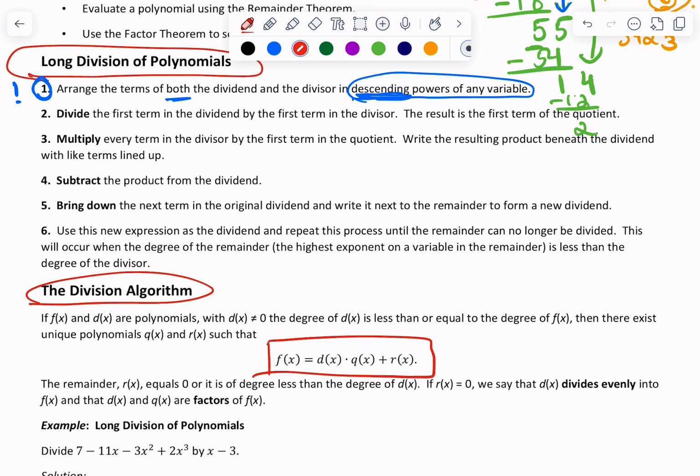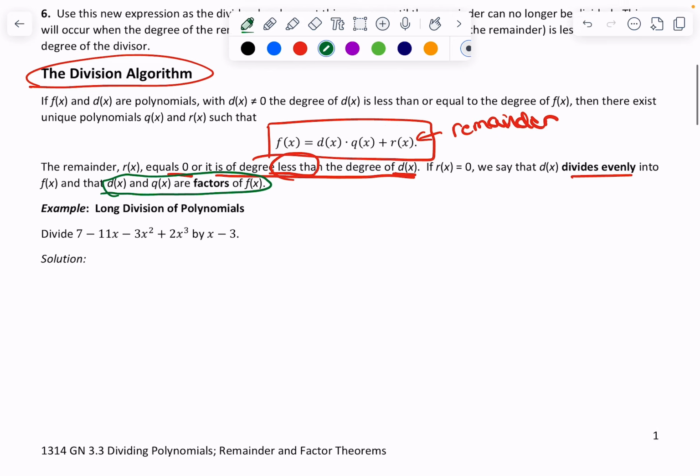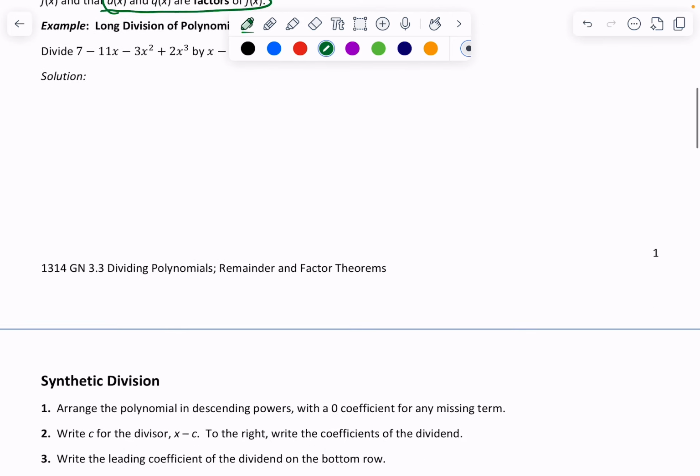So the remainder r of x equals 0, or it is of degree less than the degree of d of x. If r of x is 0, we say that d of x divides evenly into f of x, and d of x and q of x are factors of f of x. Okay, so let's go ahead and look at what this all means.